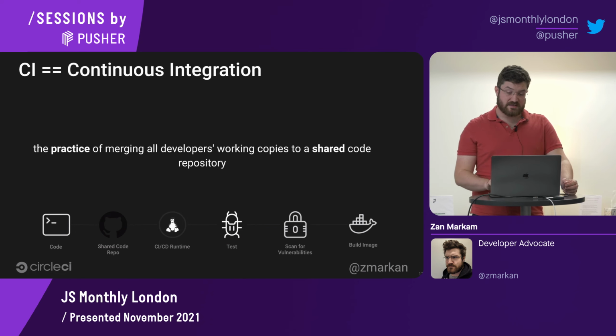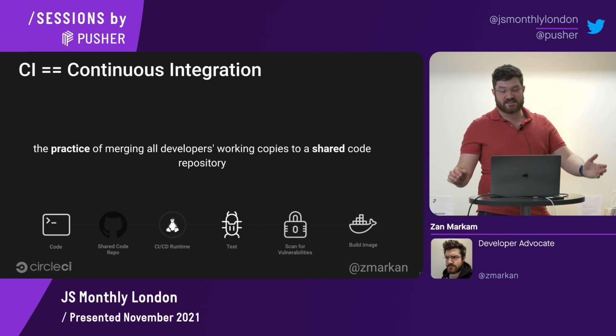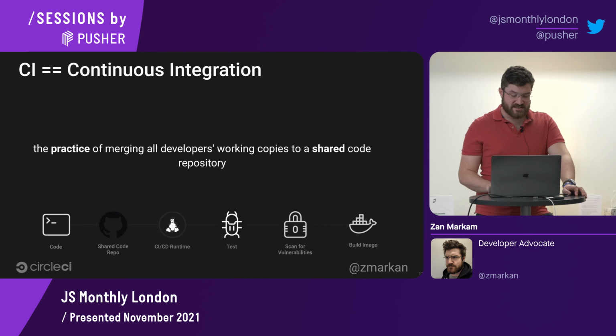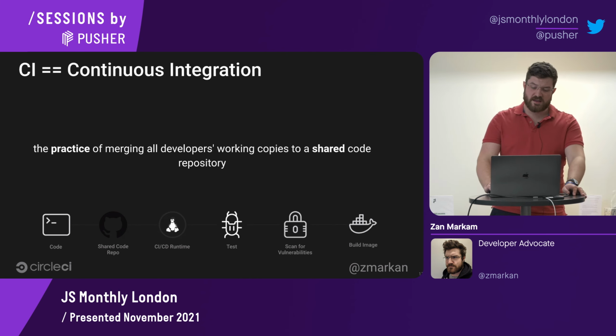The resulting artifact is a built application, a built static site, whatever it is. The other important thing is that it's running in a predefined runtime, or what you define as a runtime.